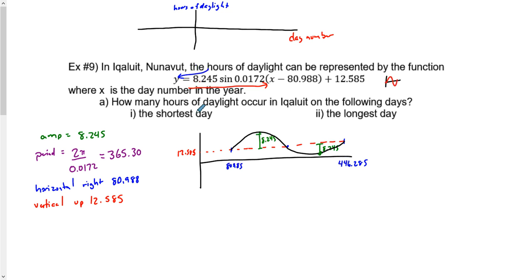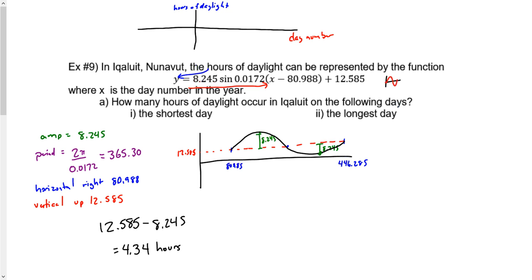The amount of hours of daylight on the shortest day, so the lowest amount of hours, is going to be 12.585 subtracting that amplitude of 8.245. So 12.585 subtracting 8.245. There'd be 4.34 hours of daylight on its shortest day.